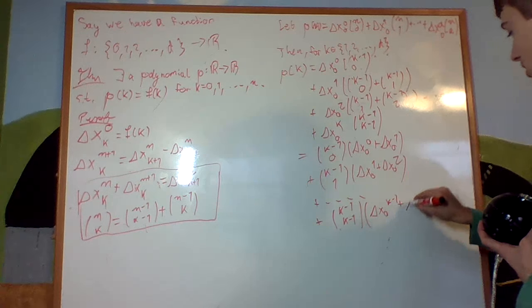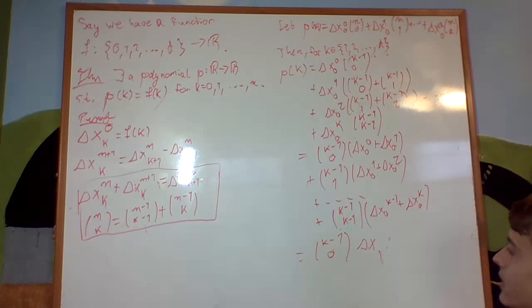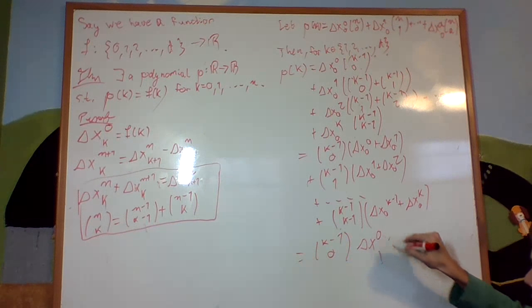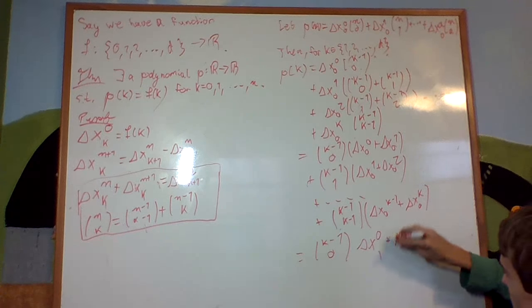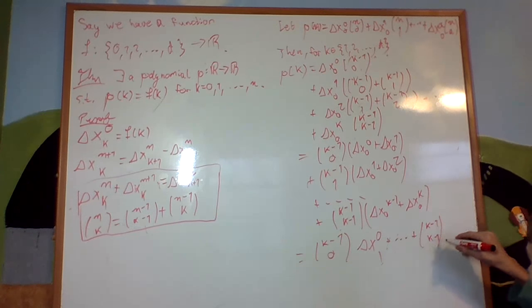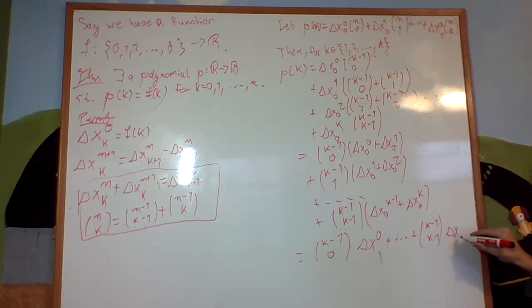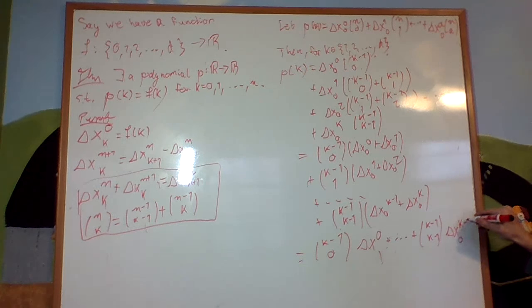And by that fact right there, guess what this is? It's k minus 1 choose 0, times delta x 1,0, plus all the way up until k minus 1 choose k minus 1, and then delta x 1 k minus 1.